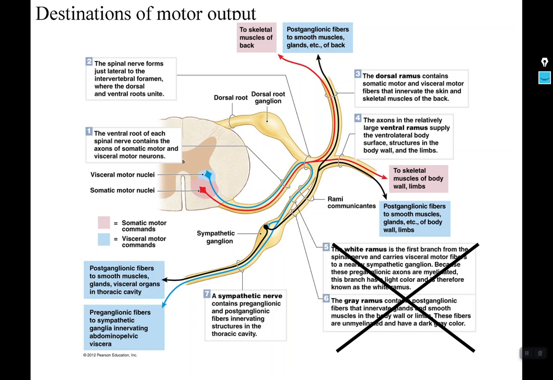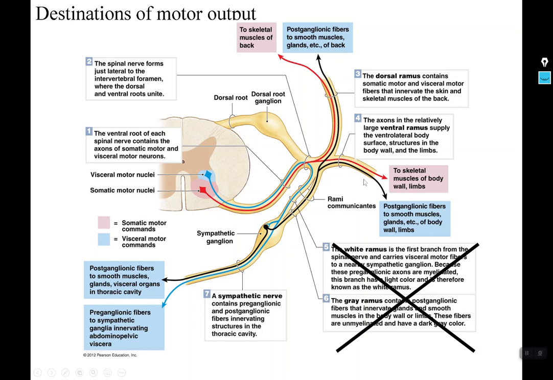Okay, so we know that the dorsal root is afferent and the ventral root is efferent. And then when it's a spinal nerve, which is where those two things converge, it's considered mixed, meaning it's carrying both afferent and efferent information, but it only stays that way for a short time before it splits again into the dorsal and the ventral ramus.